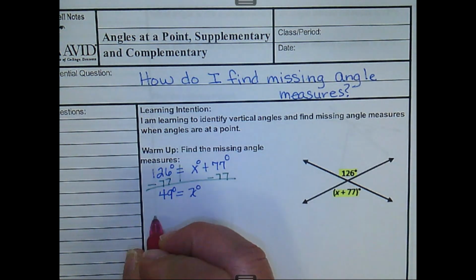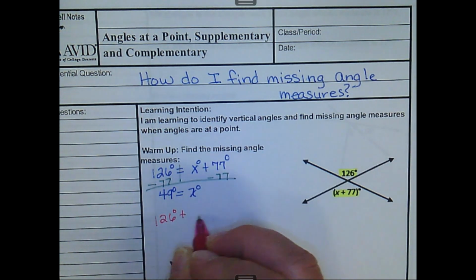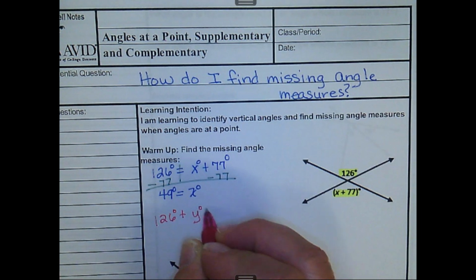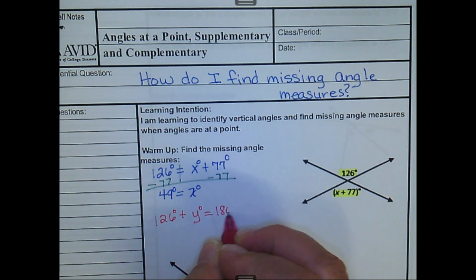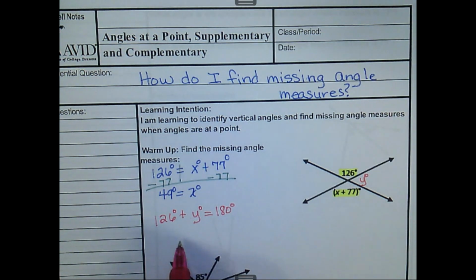So 126 degrees plus y degrees is equal to 180 degrees. We'll call this y degrees. So I subtract 126 from both sides.